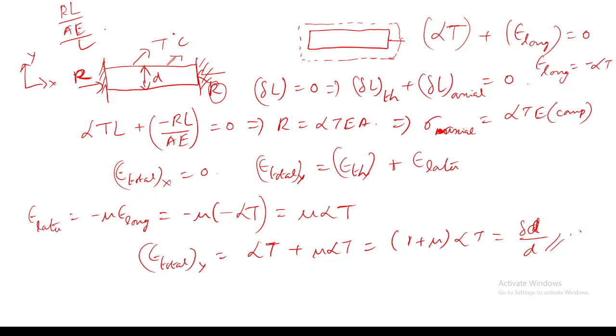So as of now, I am skipping the yielding thing. For example, if I have a bar like this and there is a gap between these two, and let us imagine this gap to be lambda, what will be the thermal stress or strain developed due to this gap?